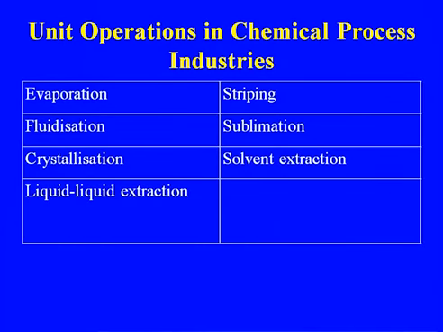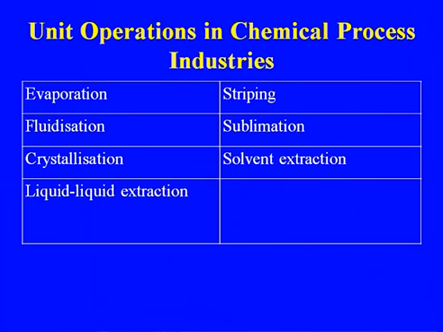Then solid liquid extraction. Some of the other separation processes that are part of the unit operations are evaporation and fluidization, how from the fixed bed to fluidized bed and moving bed came into existence. Crystallization and liquid extraction are used extensively in the petroleum and petrochemical industry.